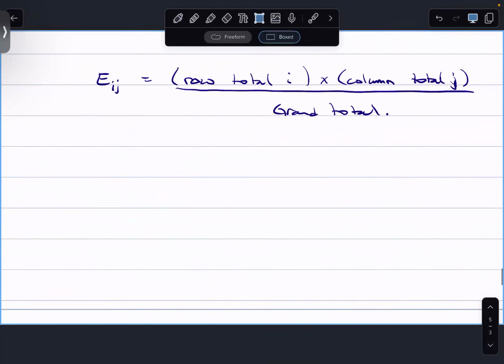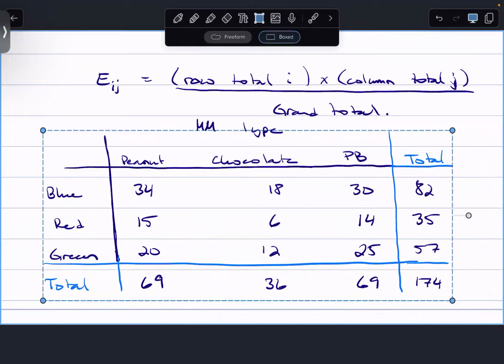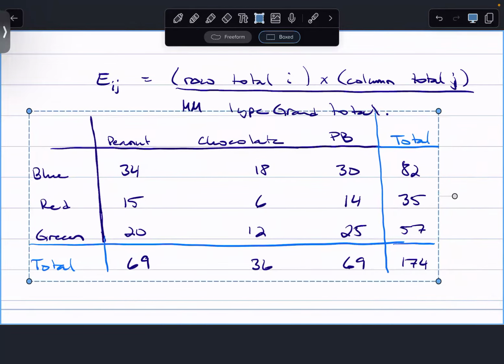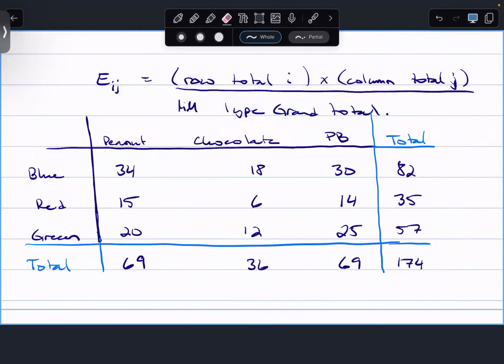So what this is going to look like is put this here. So the expected count here, E11, is 82 times 69 divided by 174. And you will get decimals and you'll want to keep those decimal places.